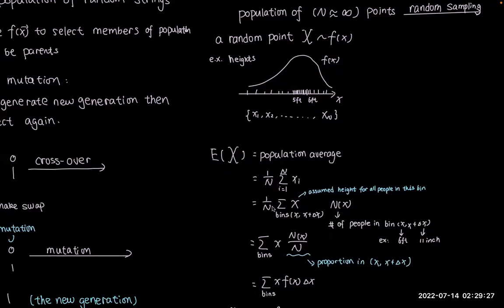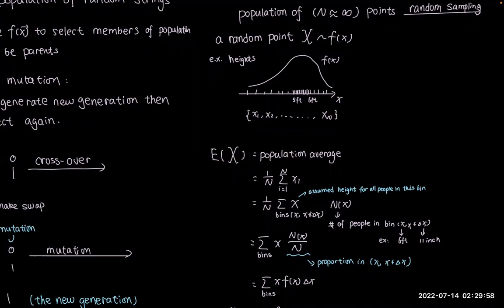Okay, and one way to compute this average based on the density is that you can divide the range into small bins. So each bin is x plus delta x, so equally spaced small bins. And then instead of summing over all the xi for 300 million xi, you can consider summing over the bins, so that all the points in each bin take the same value x, up to an imprecision caused by this infinitesimal delta x.